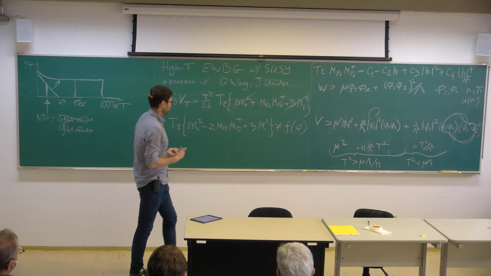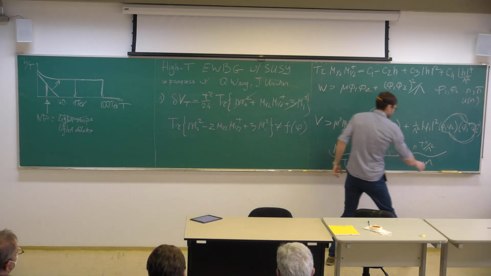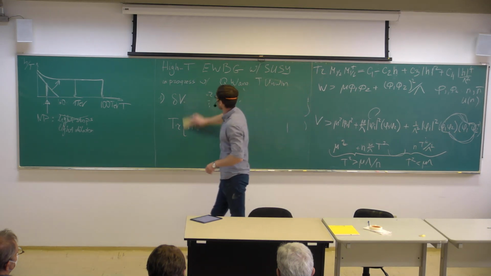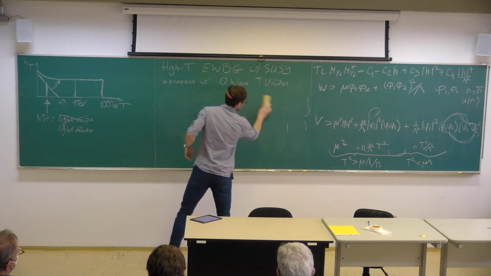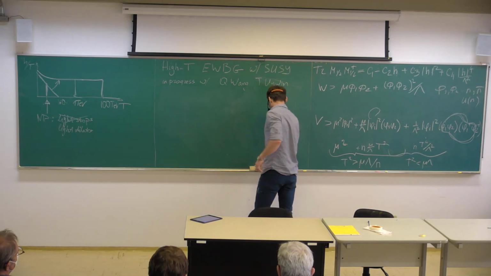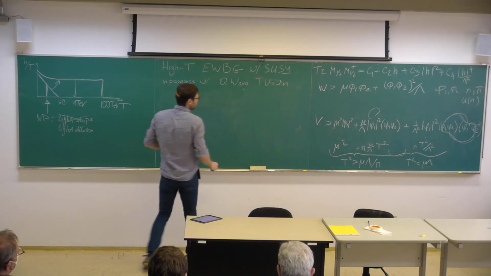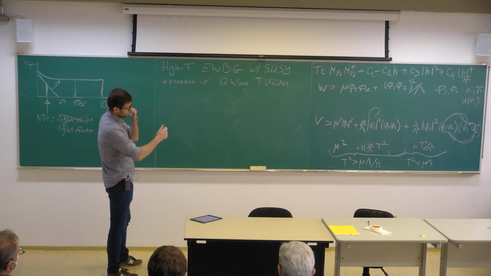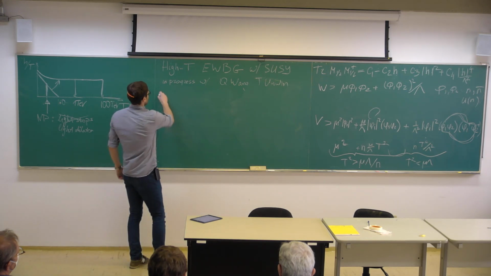So one actually needs to write down a model where the Higgs is, as usual, 2 and also some extra fields, phi.